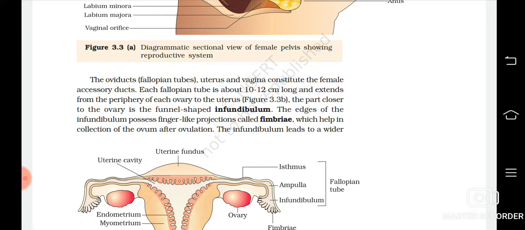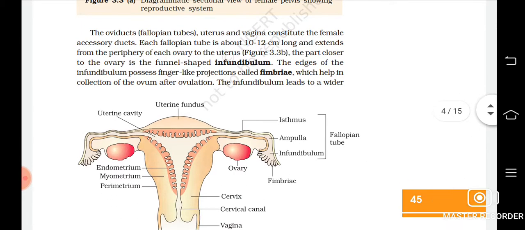So the oviduct, uterus, and vagina constitute the accessory ducts, as we have learned in the male reproductive system also, which form the way for the ovum to come out or be released.